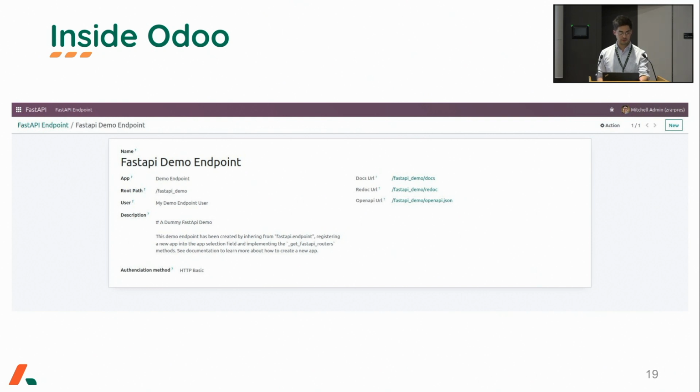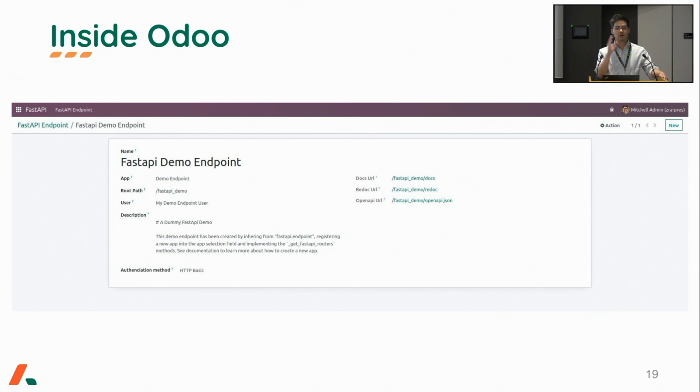So what you can see in this view is that, first of all, the name of the FastAPI demo endpoint, then underneath the name of my application, so that's what I've added in the field selection app. Then I've defined a root path, so this will be where your new endpoint will end up.